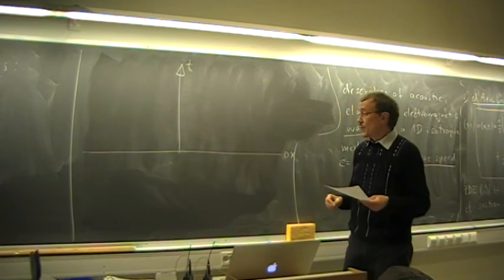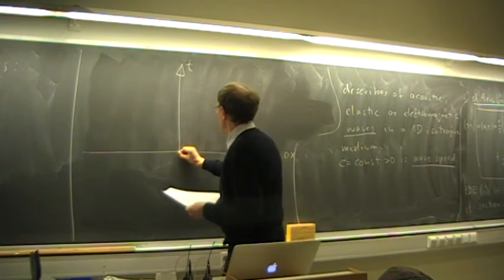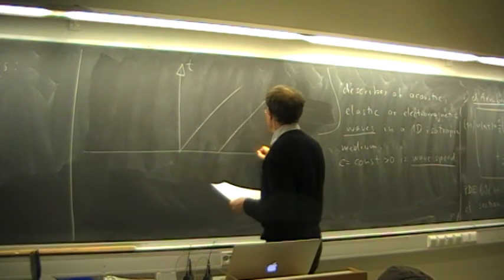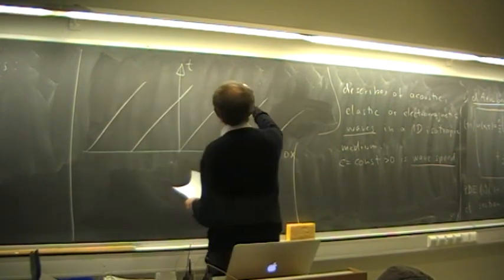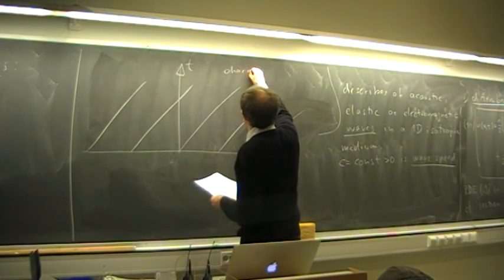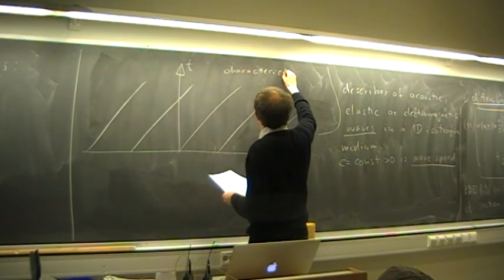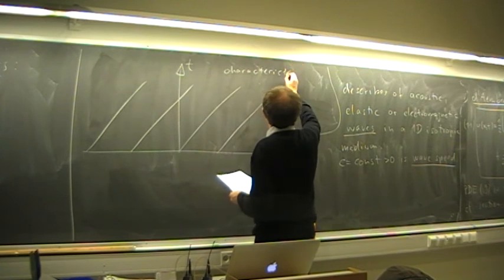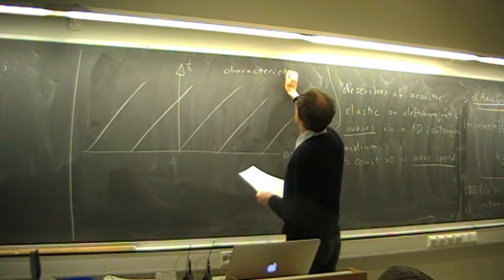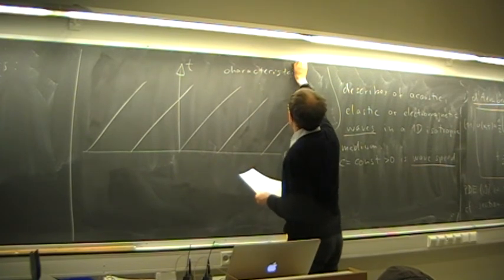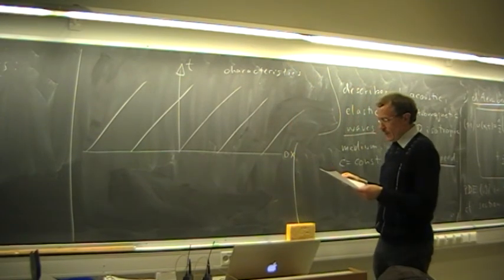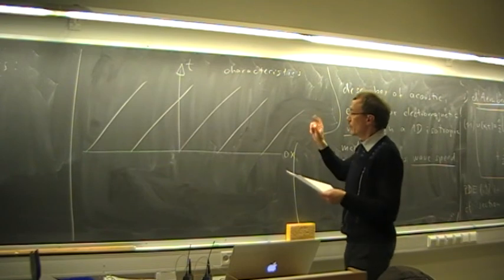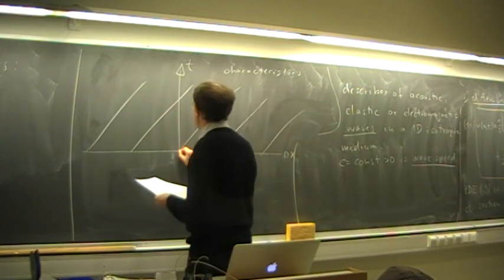Then we have patterns that go in both directions, with slopes c. So these are the characteristics. We have one class going to the right, another class going to the left.